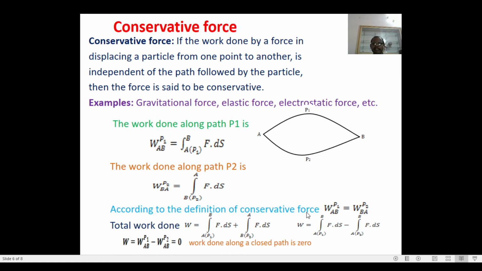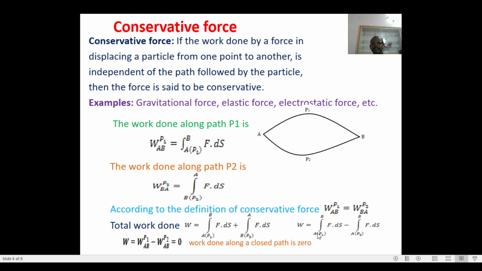According to the definition of conservative force, work done along different paths is the same. Now total work done is equal to the sum of work done along path P1 plus work done along path P2. Now W is equal to the integral from A to B along path P1 of F ds plus the integral from B to A along path P2 of F ds.